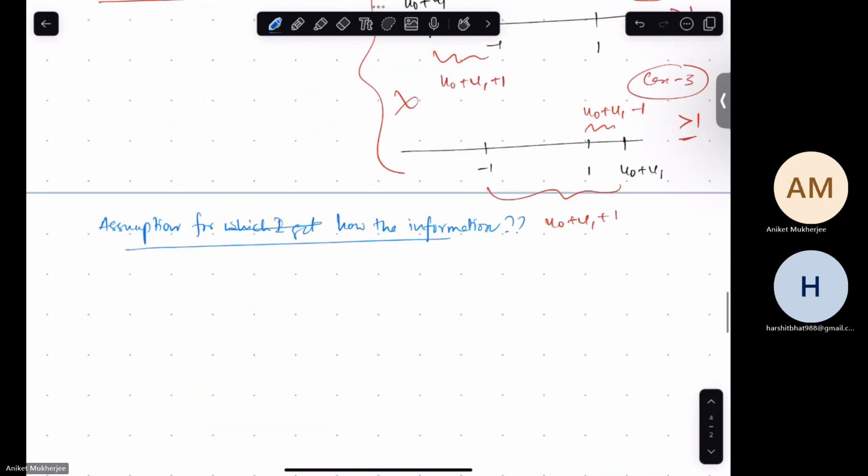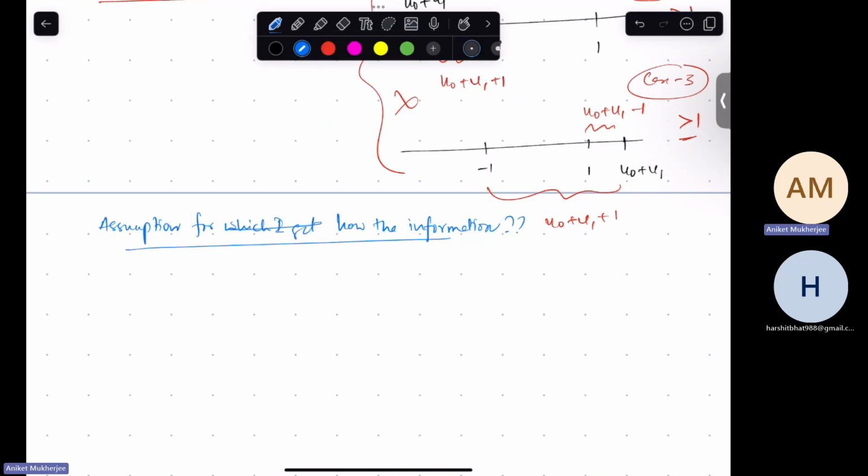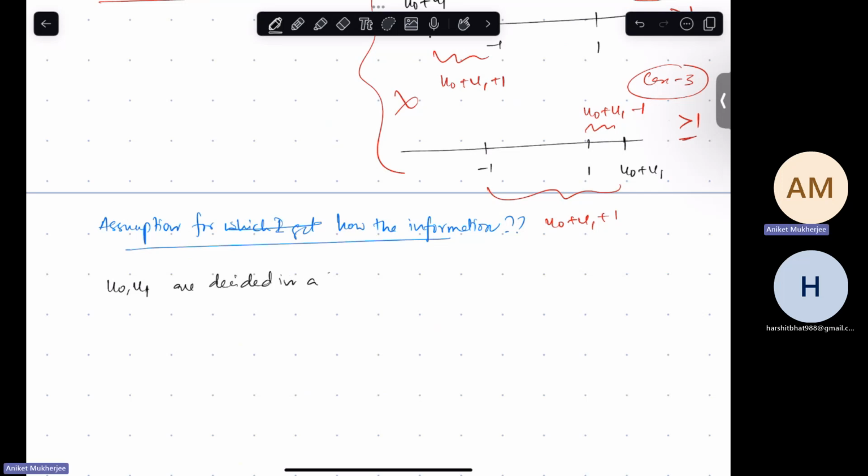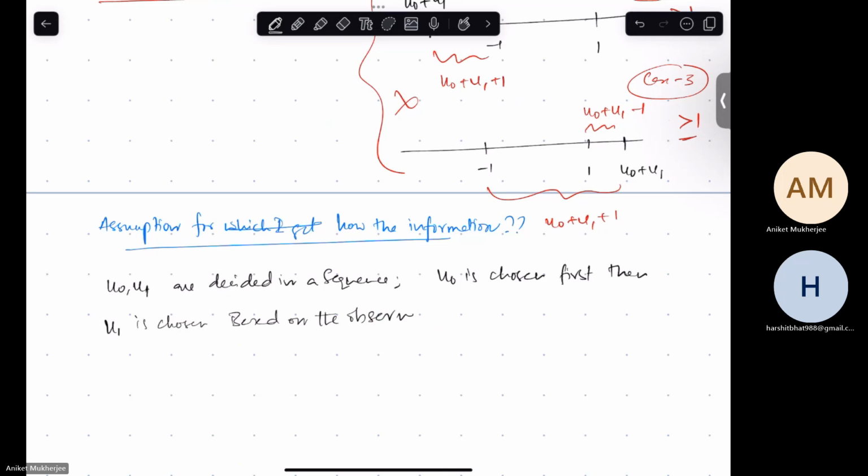So here u0 and u1 are decided in a sequence. First u0 is chosen, then u1 is chosen based on the observation x1.